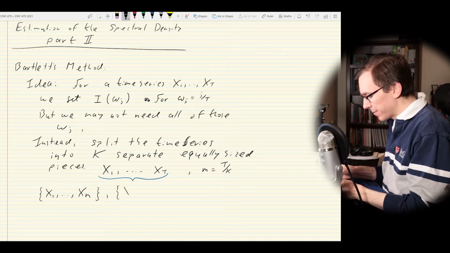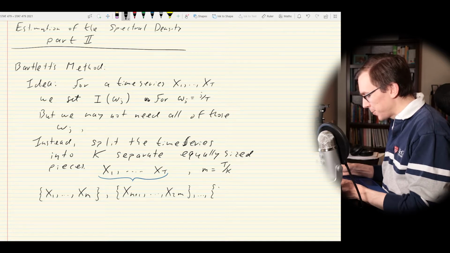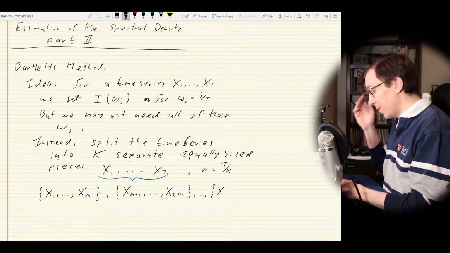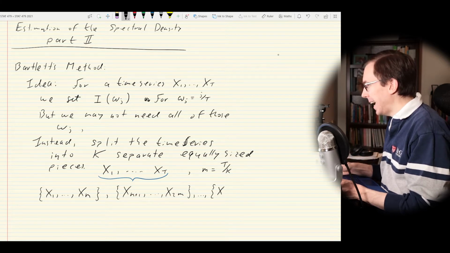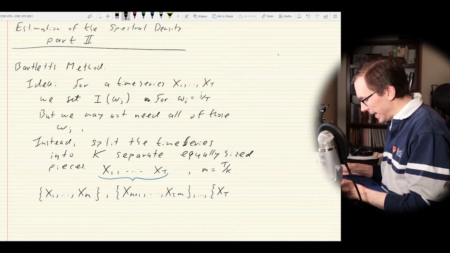So we'll start here from m plus 1, go all the way up to 2m, and this will continue until we have our final piece, which goes from T minus m plus 1 all the way to the final point.